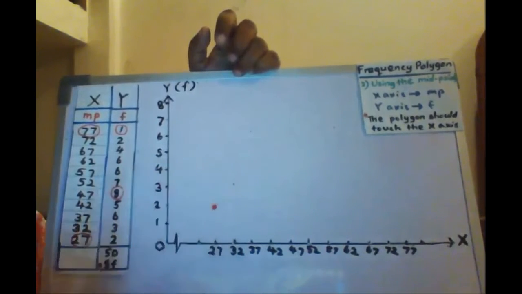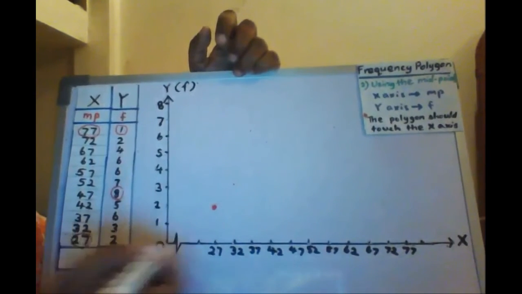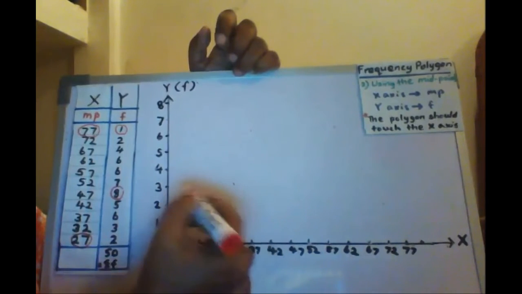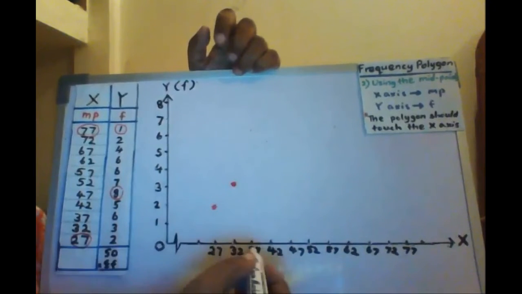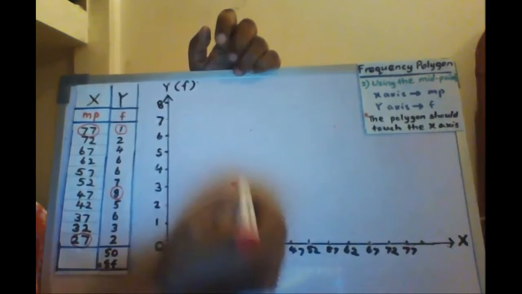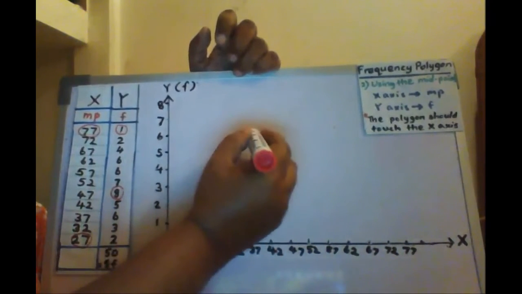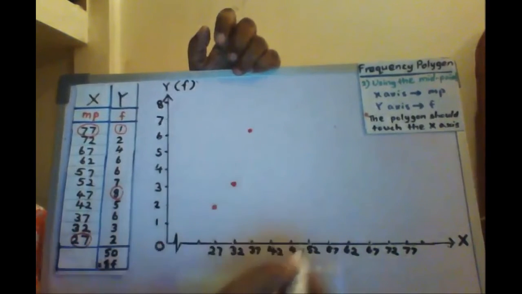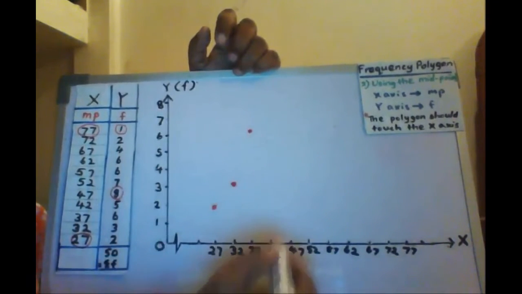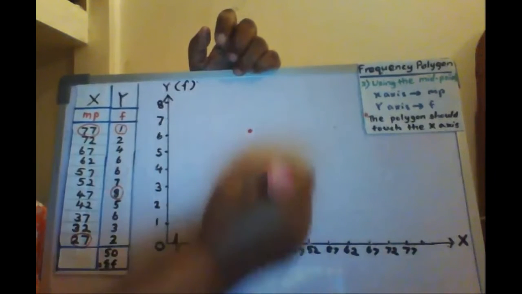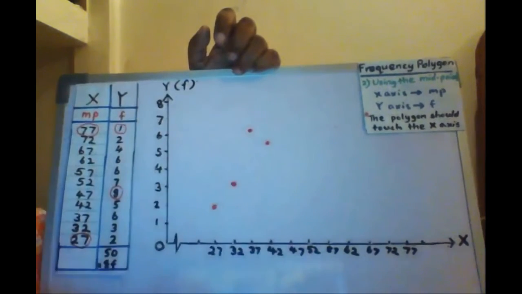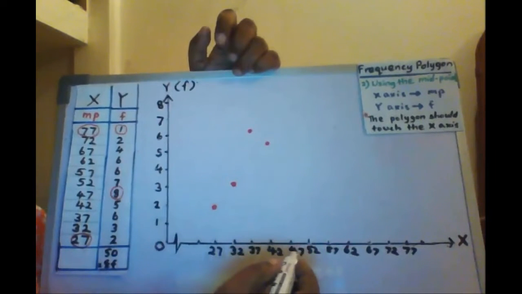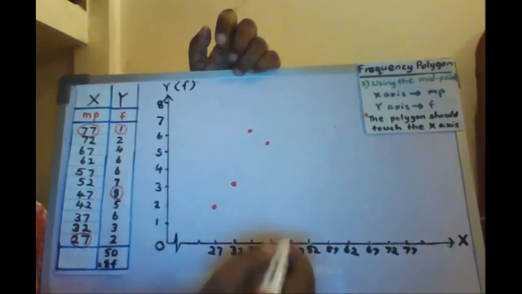Here we have only dots, right? No bars. 32, 3. 37, 6. 42, 5. 47, 8.